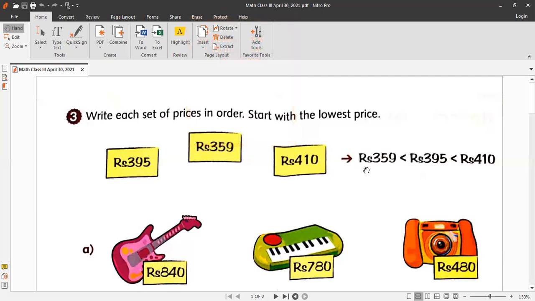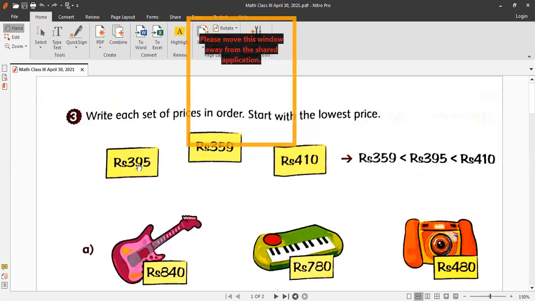I write it first in the line, then I use the less than sign, then comes 395. Then I write the less than sign, then I write the greatest one last. So I get Rs 410.